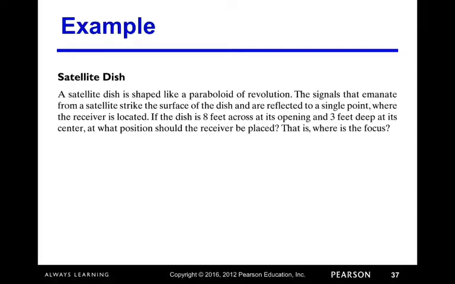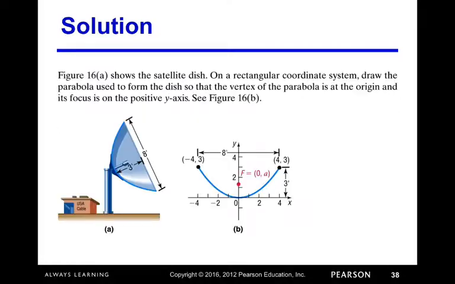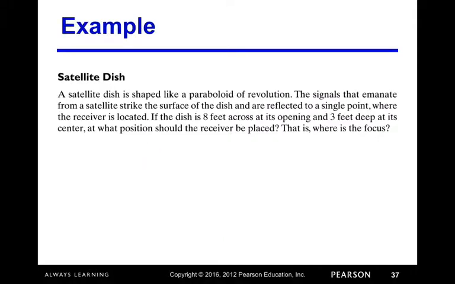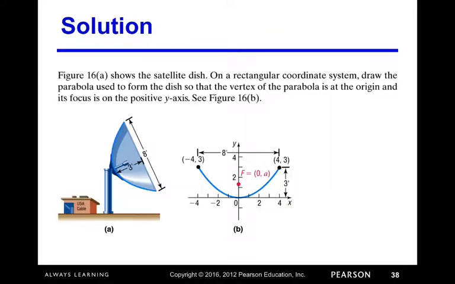That is, the receiver is going to be at the focus. So you've got this satellite coming in, and it's 8 feet across and 3 feet deep at the center. And you want to know where things are going to come in and bounce so that they hit that receiver.